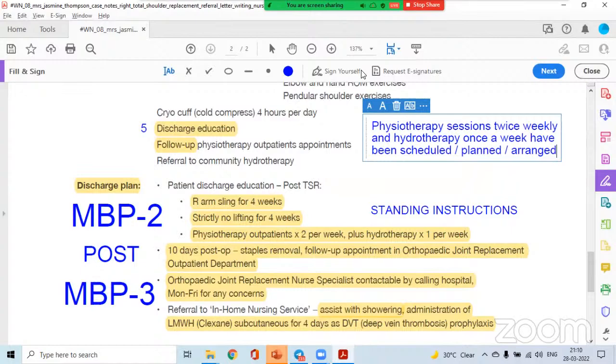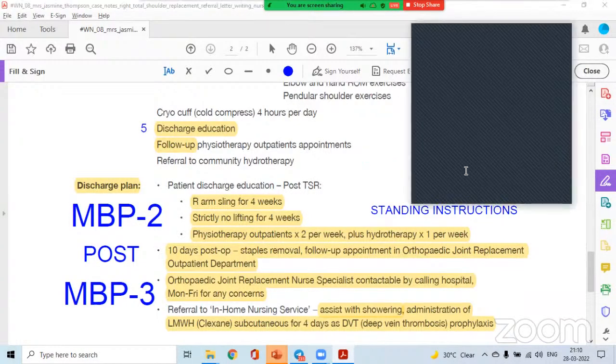Right. Now I want to ask you one question. Have you got a good idea regarding this letter? From 0 to 100%, how much was this session beneficial for you?